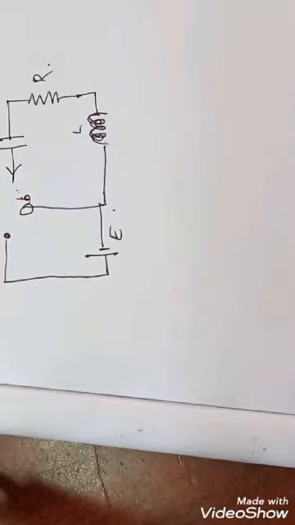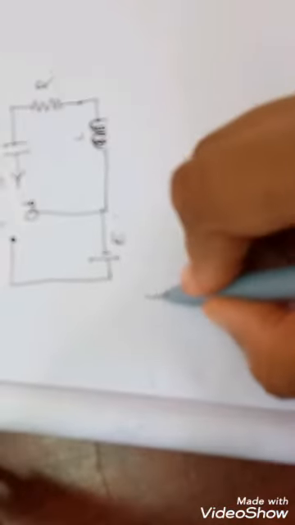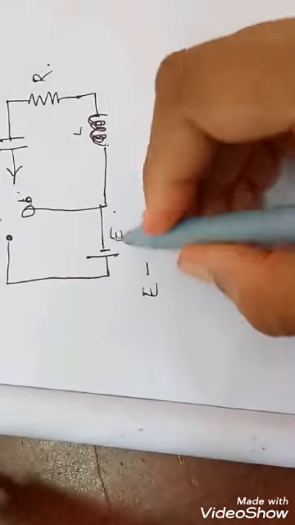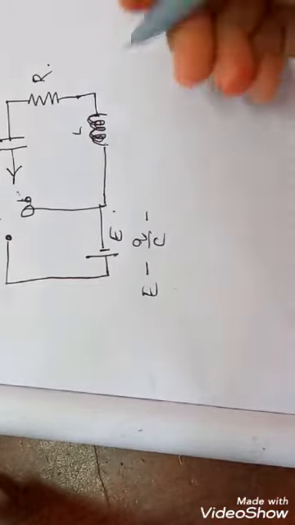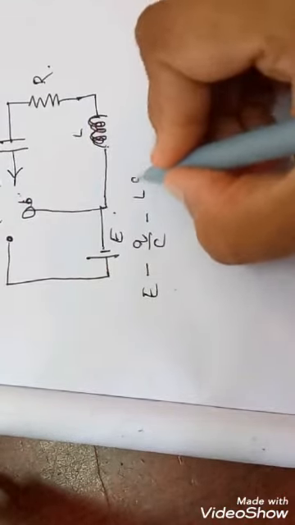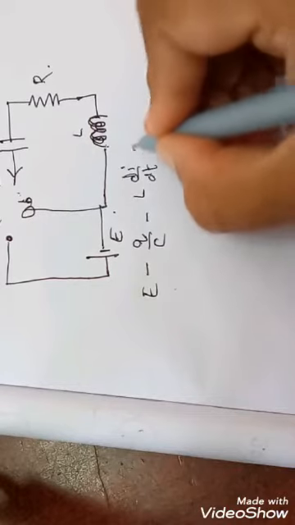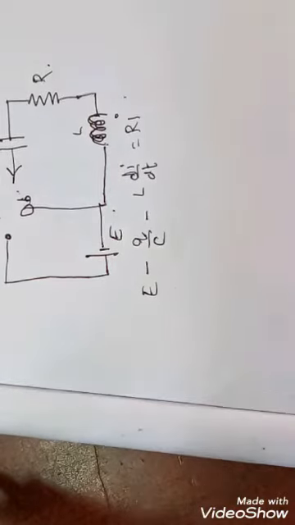Now the total EMF: in our last video and this video we have been explaining this. E, minus Q by C due to the potential drop across the capacitor, minus L di by dt due to the back EMF of the inductor, according to Ohm's law equal to Ri.